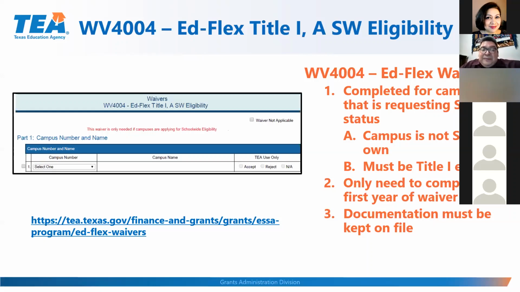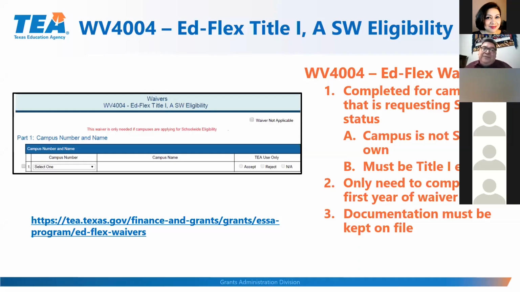You only have to complete this for a campus you want to be school-wide eligible the first year you're asking for this waiver. Every year that you're using the school-wide eligibility EdFlex waiver, you do not have to complete this schedule year after year, just that first year. The negotiators will verify when you submit that you've used it in the past. If you haven't, we'll let you know that this is the first year you're using this.